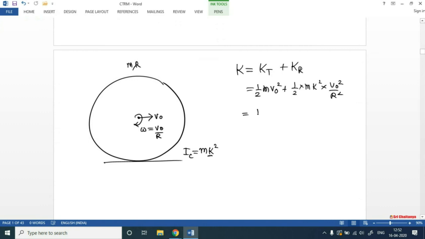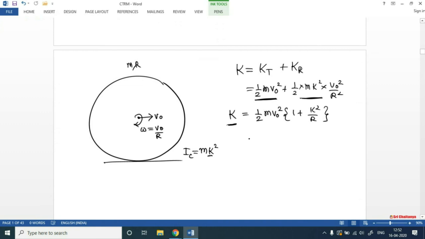So that would be half m v naught square, taking common, into 1 plus k square by r square. That would be the kinetic energy of the rigid body in combined translational and rotational motion. In this kinetic energy, some part is in translational form and some part is in rotational form also.